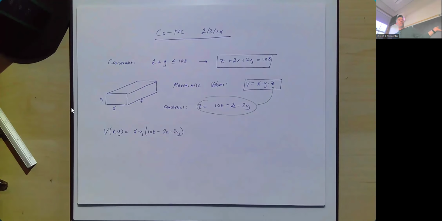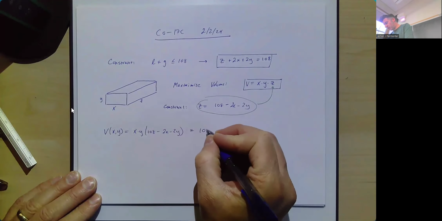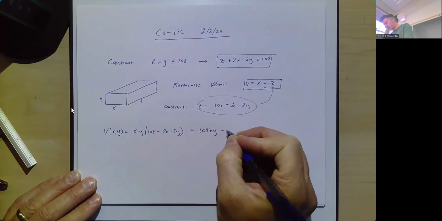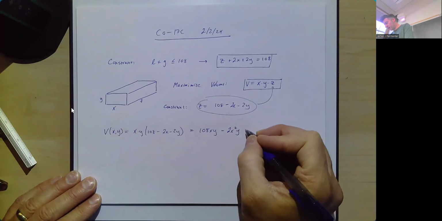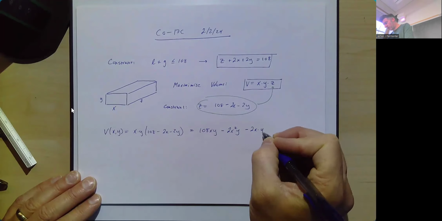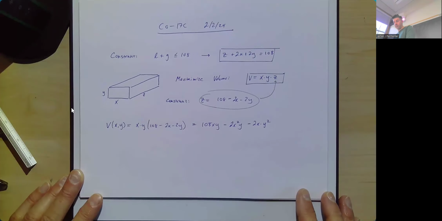I'll find my critical points by taking my partial derivatives and setting them equal to 0. Before I do that, let's distribute the xy to each term and get 108xy minus 2x squared y minus 2xy squared. So that's what we're trying to maximize, and what we're going to find the critical points of.